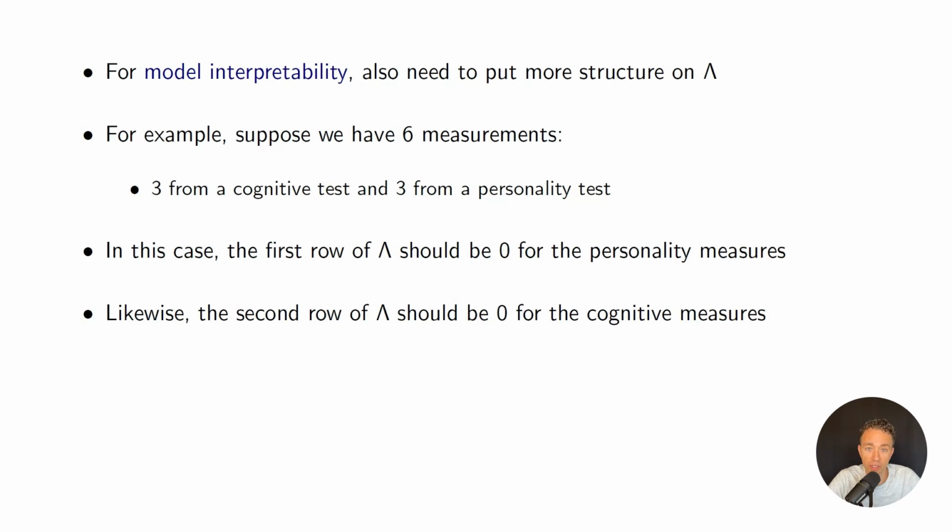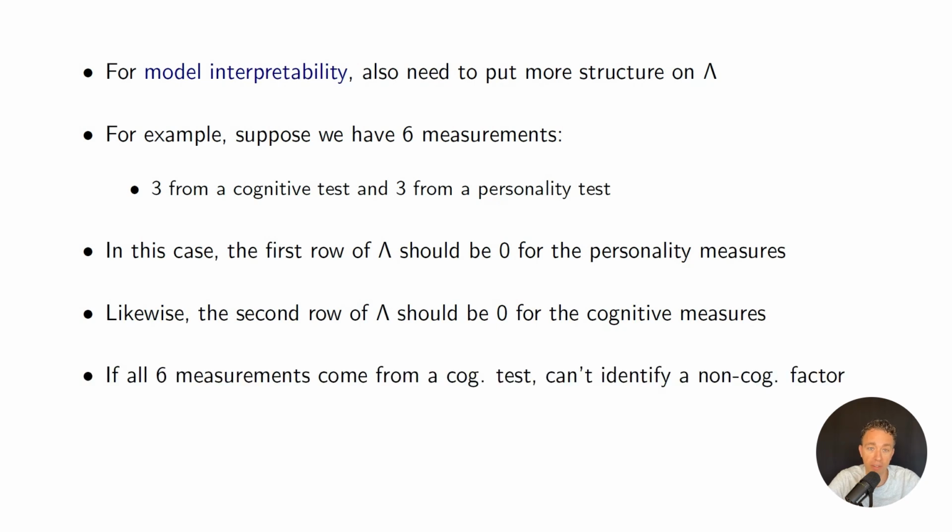So basically what we're going to do is we're going to restrict those factor loadings, those elements of lambda, to be 0 for the measures that are clearly not a function of those factors. So this is just basically saying, if I am giving a personality test, I'm not going to suppose that there could be any contribution of the cognitive skill of the person to that answer to the personality test question.